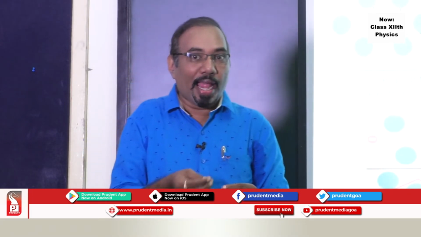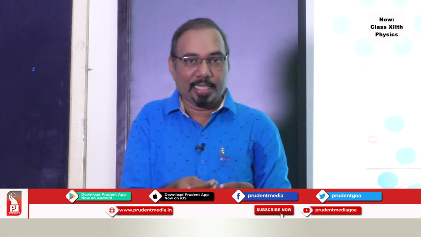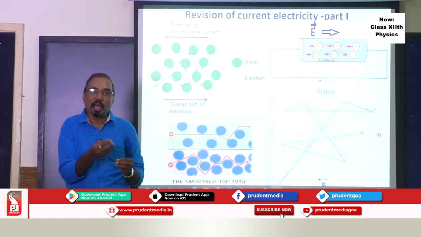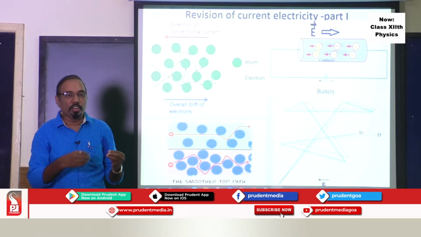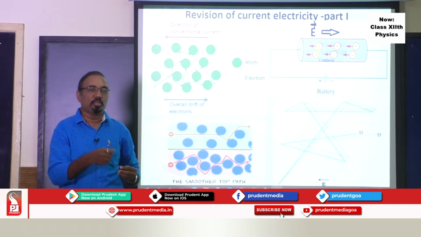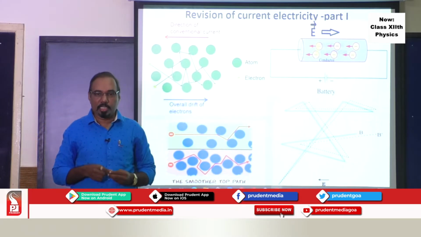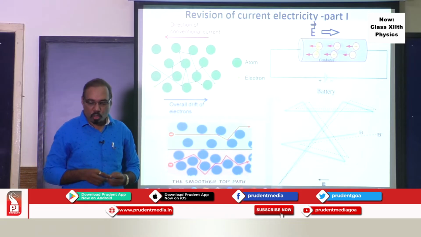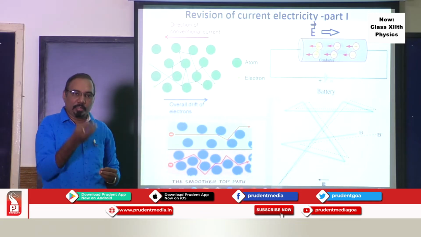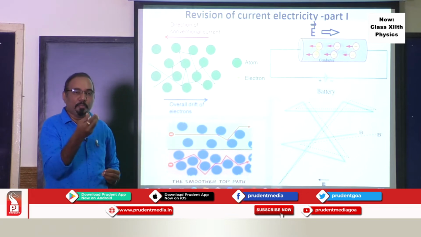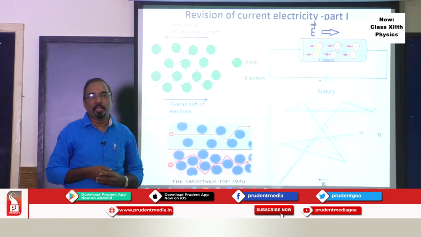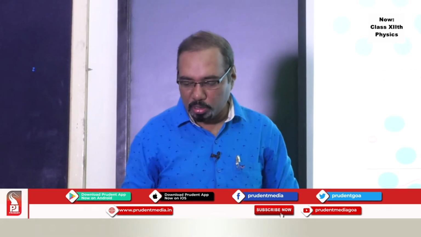And the atoms which are getting excited have a velocity much higher than the drift velocity of the electrons. A beautiful comparison is done. Just go through that particular numerical solved in the NCERT book. Even an atom vibrates at a better speed than the drift velocity of the electron. So this is compared, and you go through this.